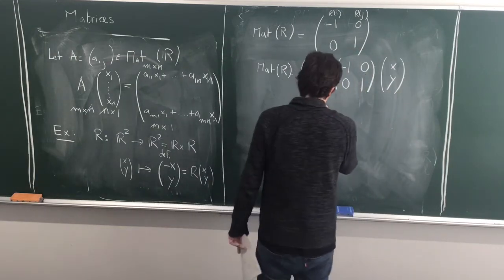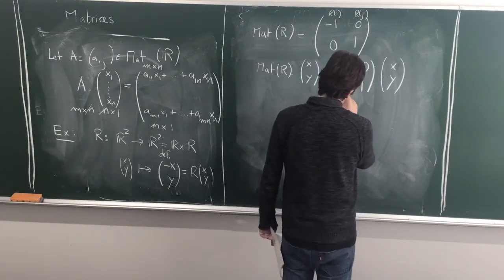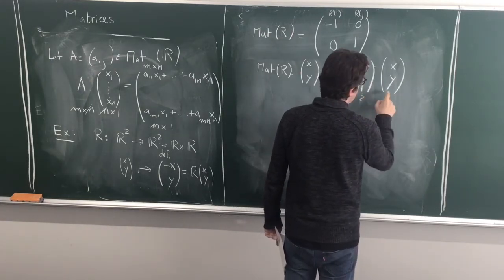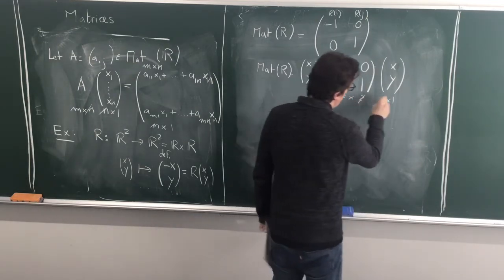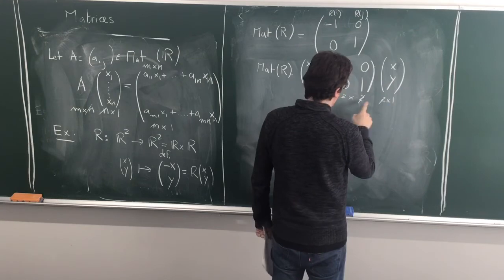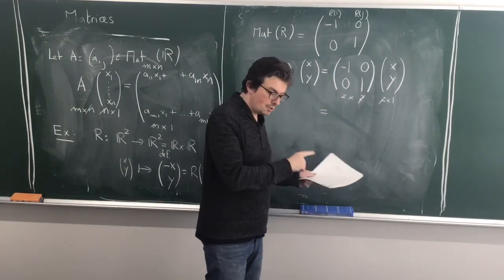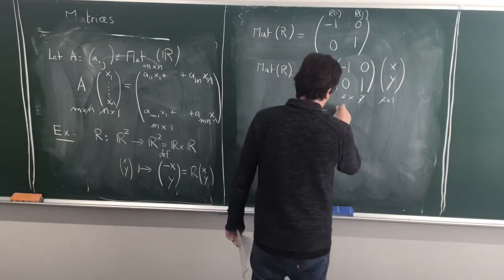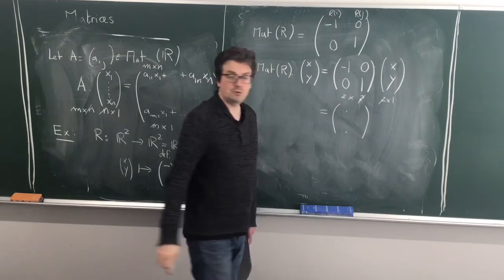So what will be the result? This is a 2 by 2 matrix, and this is a 2 by 1. The result will be a 2 by 1 matrix, so 2 rows and 1 column. So it's again a column vector, which means that here I have to find 2 entries.